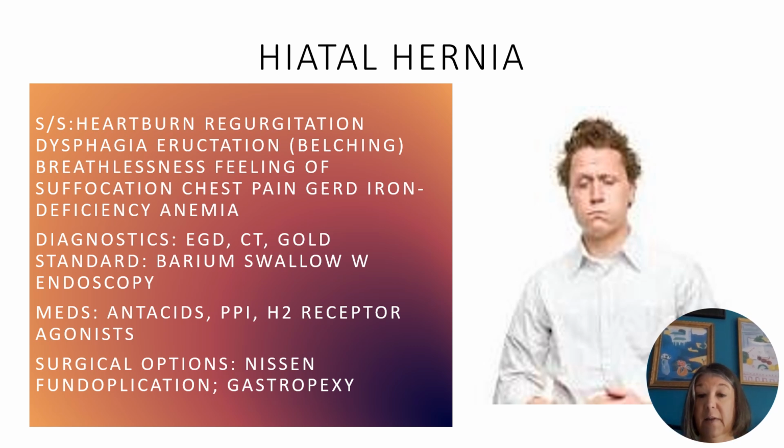Because the problem is that acid is getting up that esophageal sphincter. That sphincter should be stopping that acid from regurgitating, coming back up, and it's not. So they use a part of the stomach to go in, stabilize that sphincter, make it a little bit stronger, and then hopefully stop that acid from regurgitating.